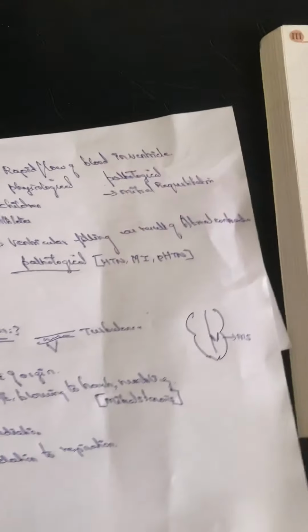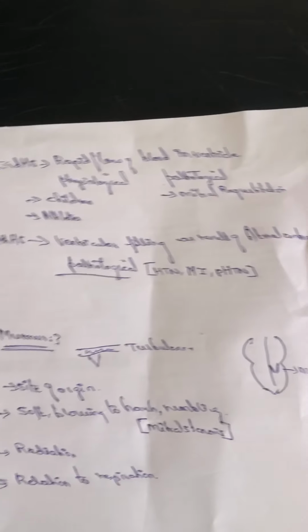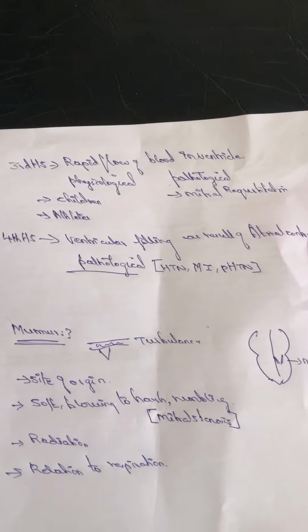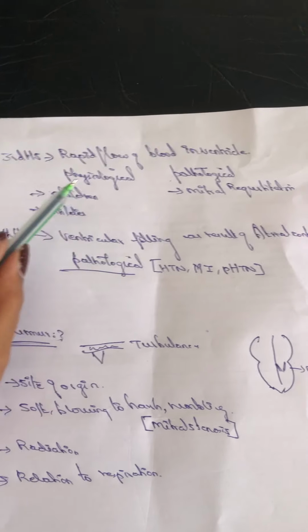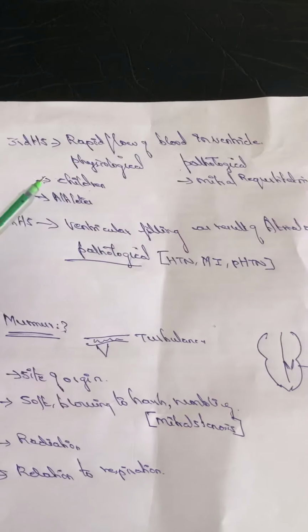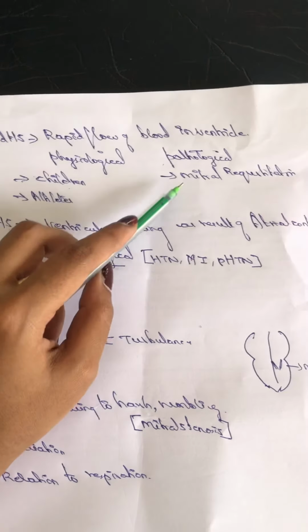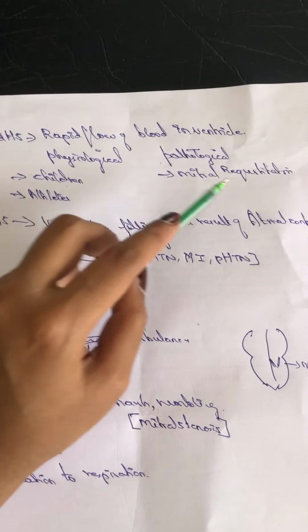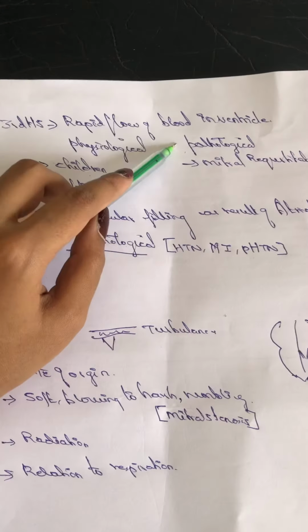Next question will be, what are the other heart sounds? The other heart sounds are the third heart sound and the fourth heart sound. What causes the third heart sound? Third heart sound can be heard both physiologically as well as pathologically. Physiologically, it is heard in children as well as athletes. Pathologically, it is heard in mitral regurgitation. It is due to the rapid flow of blood in the ventricle.